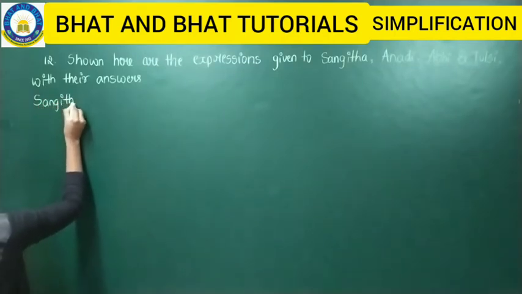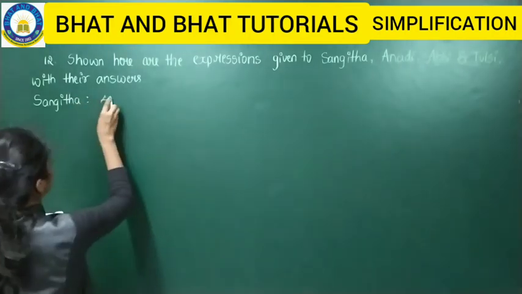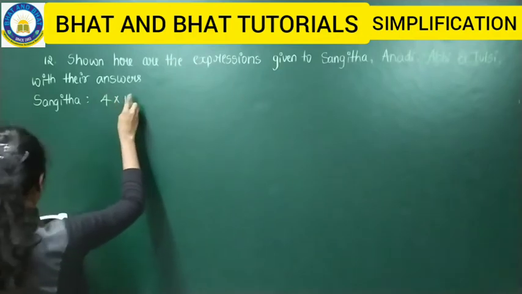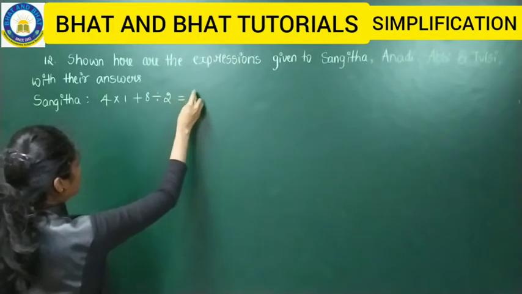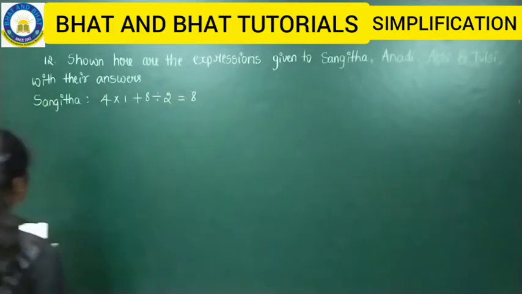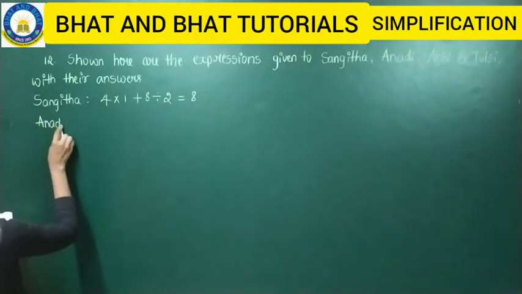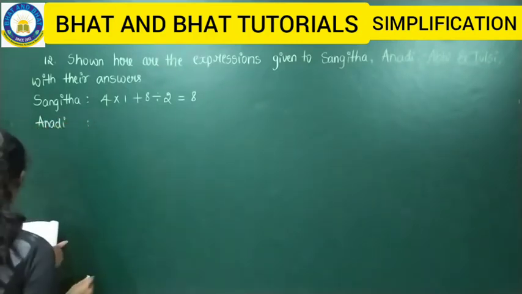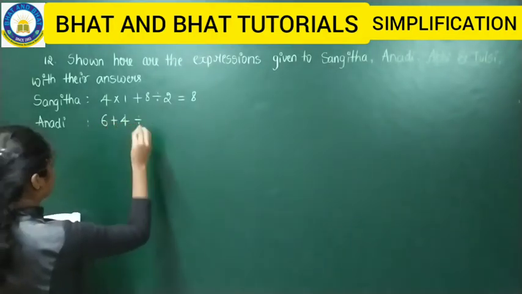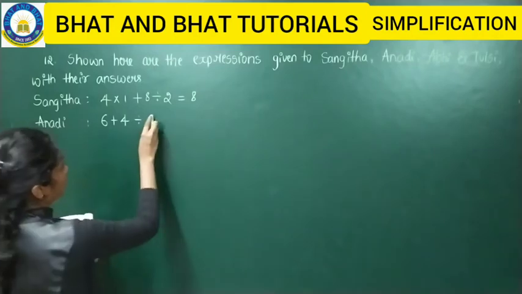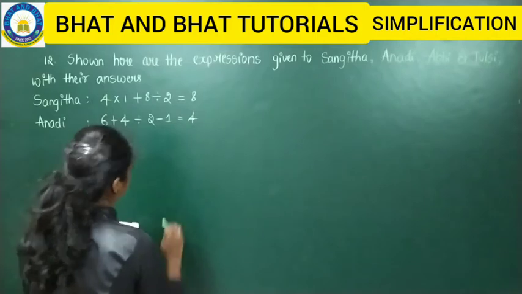Sangeeta: 4 into 1 plus 8 divided by 2, which is equal to 8. Next, Anadi: 6 plus 4 divided by 2 minus 1 is equal to 4.